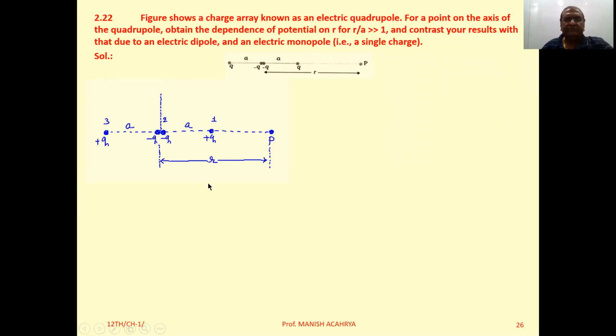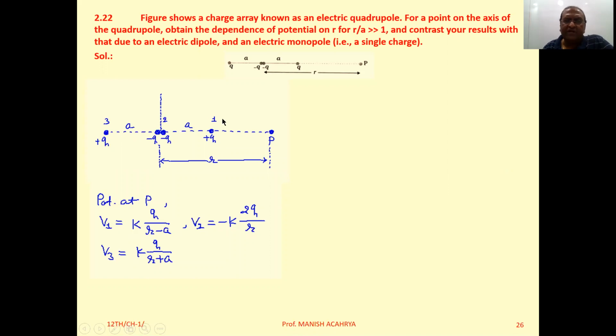Now, at point P, the potential due to charge 1, that is plus q, from that the distance of point P is r minus a. So we can write V1 is kq upon r minus a. Then due to charge 2, which is at the center, that is minus 2q, and from that the distance of point P is r.